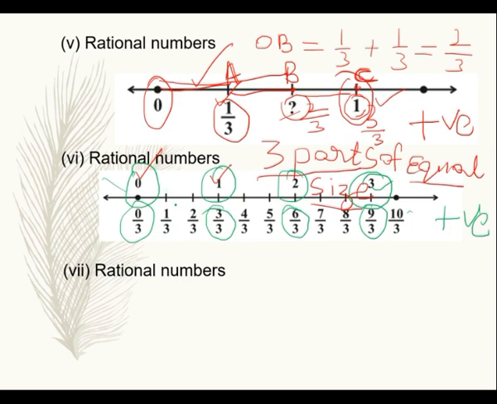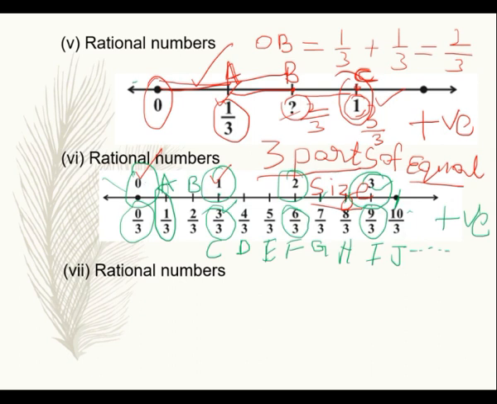Here this represents 1/3, let's say letter A. Letter B represents 2/3, letter C represents 3 by 3, letter D 4 by 3, point E represents 5 by 3, point F represents 6 by 3, point G represents 7 by 3, point H represents 8 by 3, I represents 9 by 3, and J represents 10 by 3, and so on.